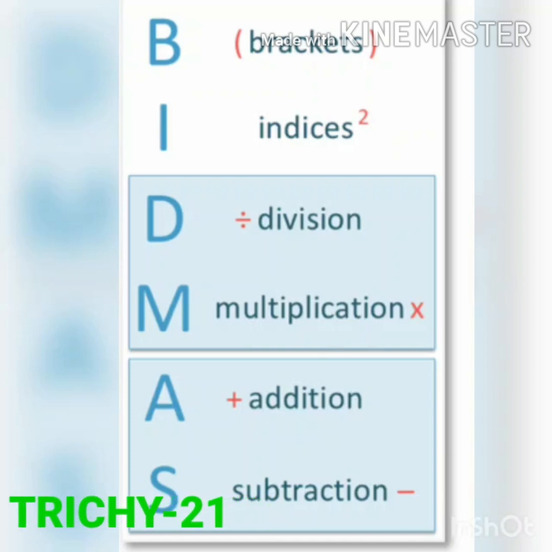Next, third one, D. D stands for division. Select the divide symbol or the slash symbol. Next, fourth one, M. M stands for multiplication. Now you can select the into symbol.